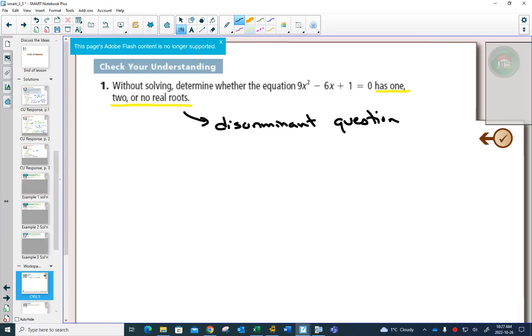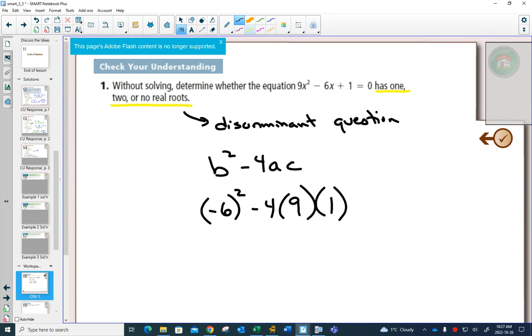And our discriminant is b squared minus 4ac. And if we calculate that, well, negative 6 is b, so that'd be negative 6 squared minus 4, a is 9, and c is 1.